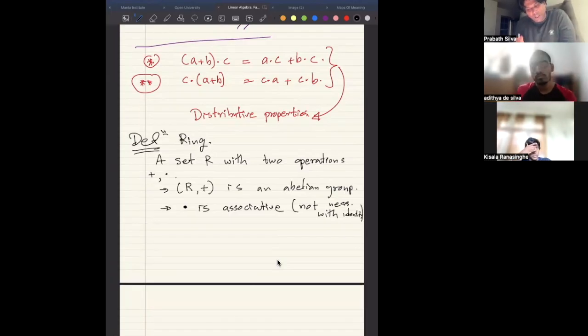So typically when we consider rings, those rings would have identity, but the actual definition doesn't require that the rings have identity.